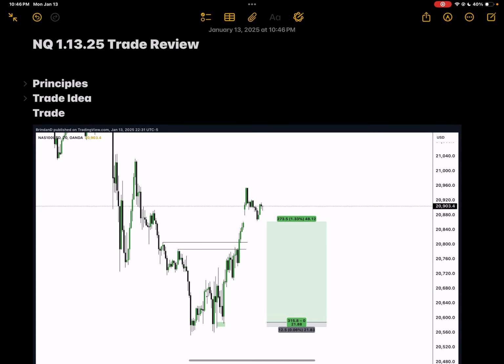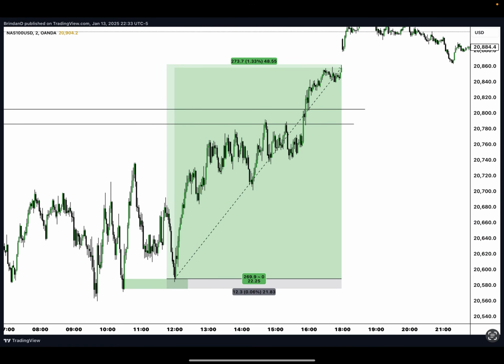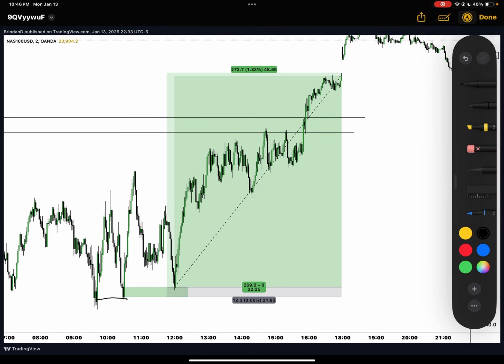And so the 2-minute, what it looked like was this. We had first mitigation of a 2-minute sponsor candle, 50%. And then we had the mitigation of the open of this 2-minute sponsor candle here, which is where I executed the trade. It was beautiful.